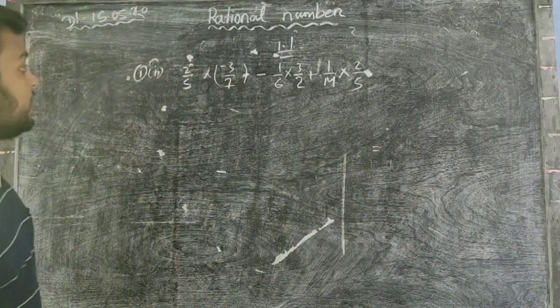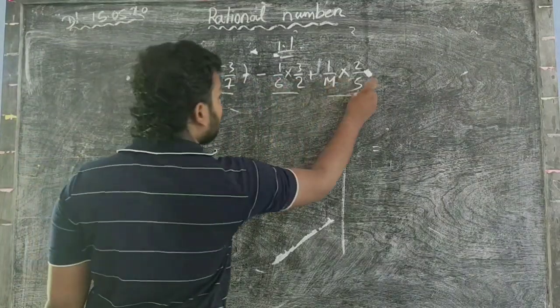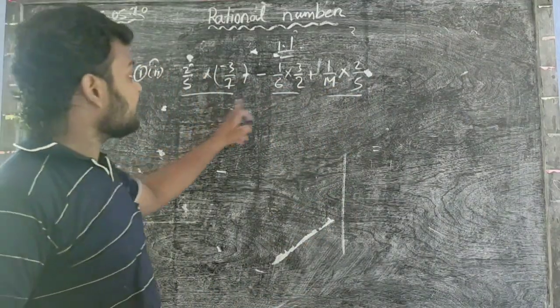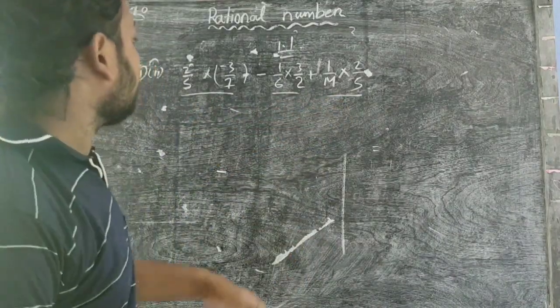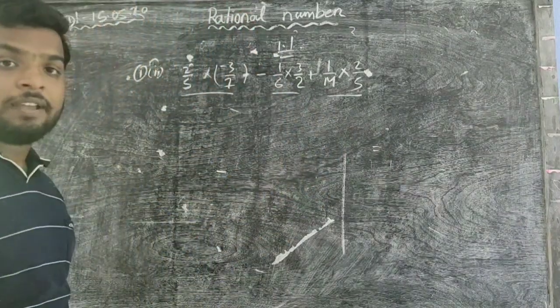So see, there are also 2 or 3 terms, the first term, second term, and the third term. And as you see, between the first and third term there is a common 2/5 and 2/5. You take 2/5 as common, then do the question answer. Okay, this is for you.